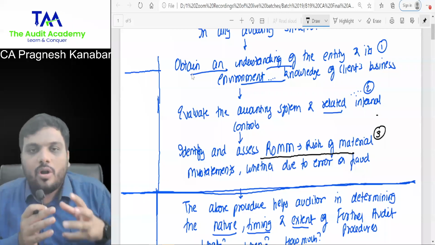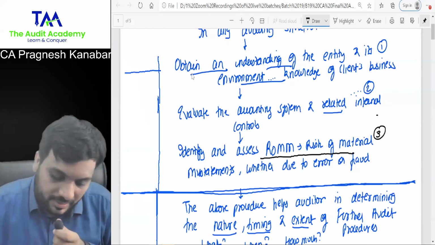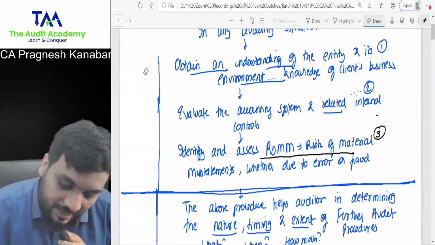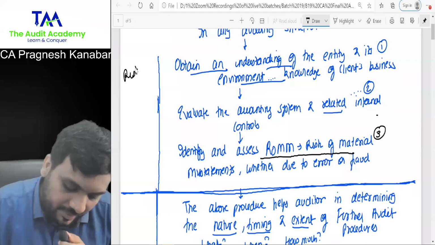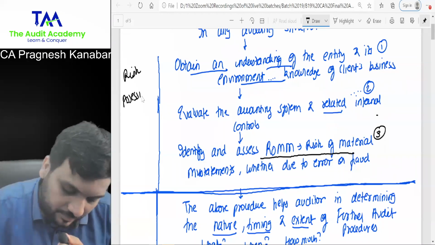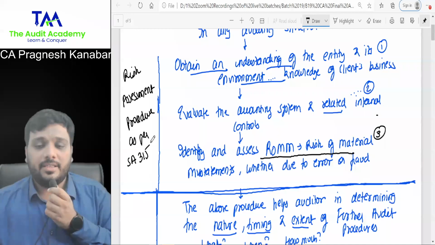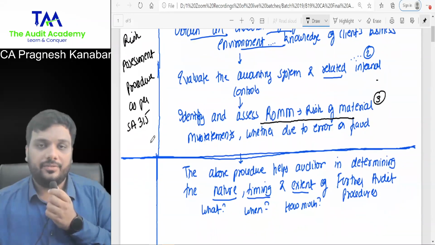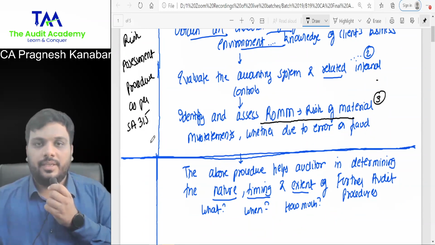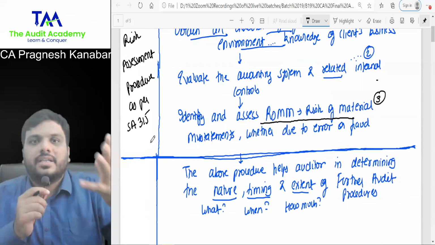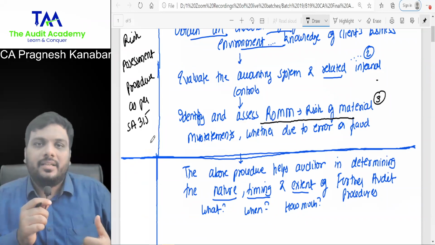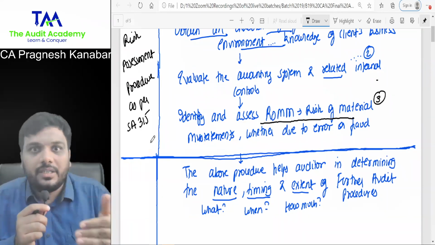All of this, when it comes together, is nothing but risk assessment procedure as per SA 315. And once the auditor is done with risk assessment procedure, then he can decide about the further audit procedures.